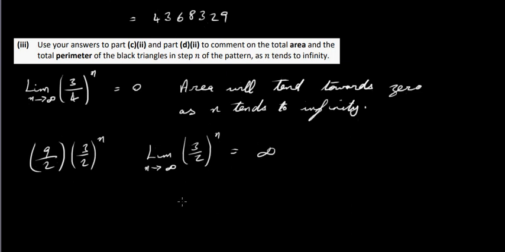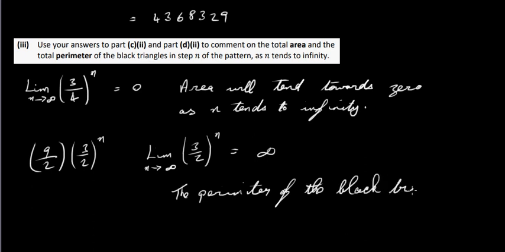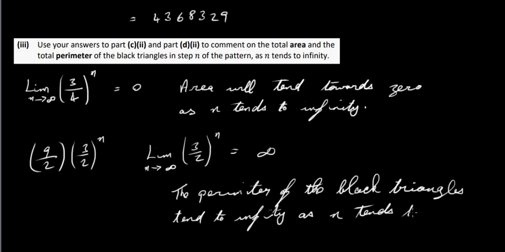We can say that the perimeter of the black triangles tends to infinity as n tends to infinity.